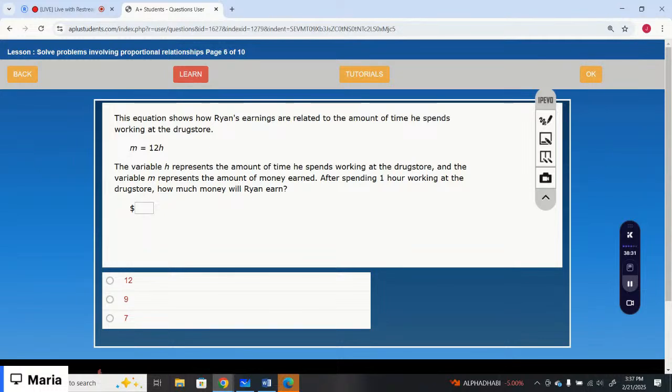This equation shows how Rand's earnings are related to the amount of time he spends working at the drugstore.